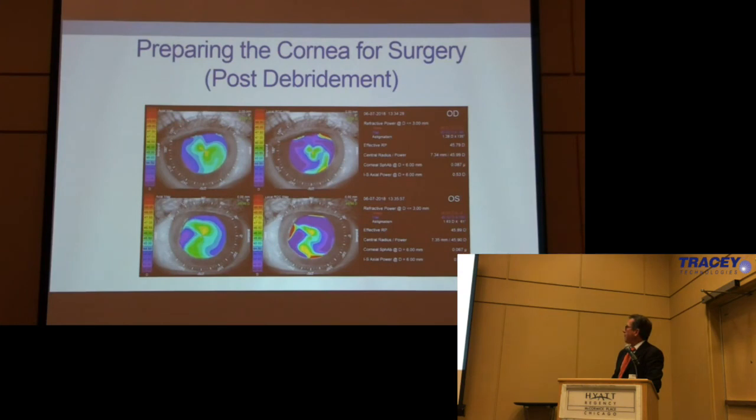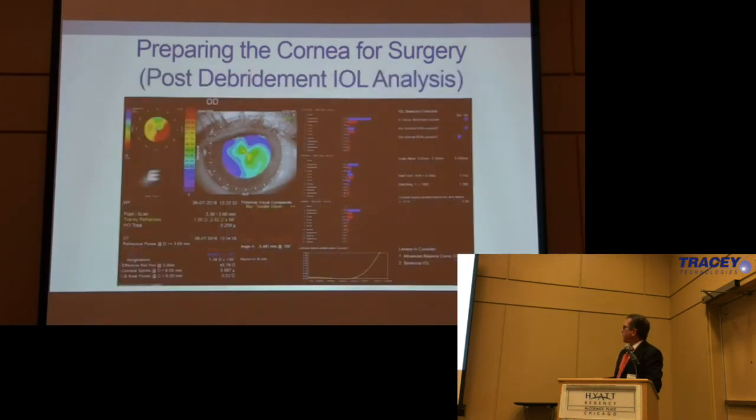However, if we pay really close attention, we do our post-analysis after the debridement, and we find that she has marginal corneal higher-order aberrations, but she also now has a high angle alpha.